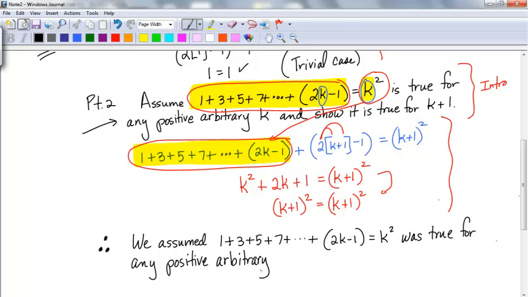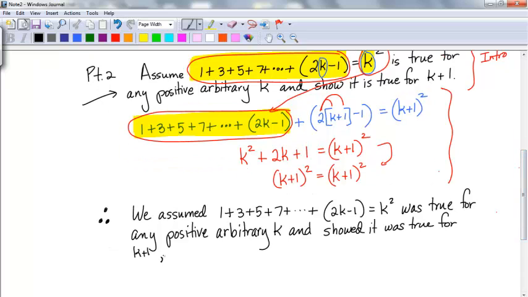Okay, we assume that was true for any positive arbitrary k and showed, change it to past tense, and showed it was true for k plus 1. Comma there, period there. Therefore, okay, it is true for any.